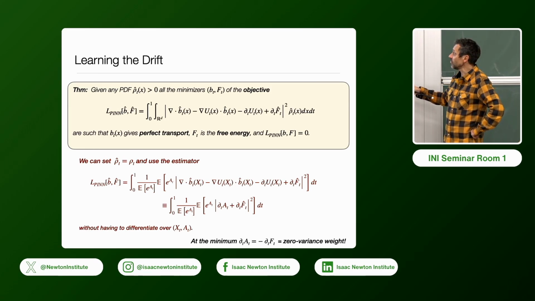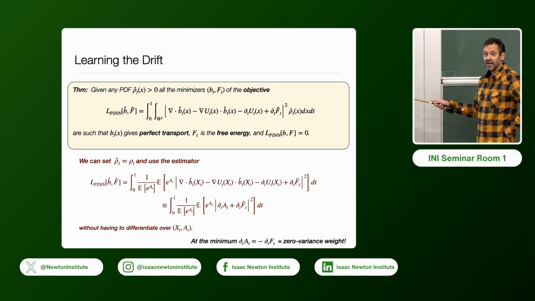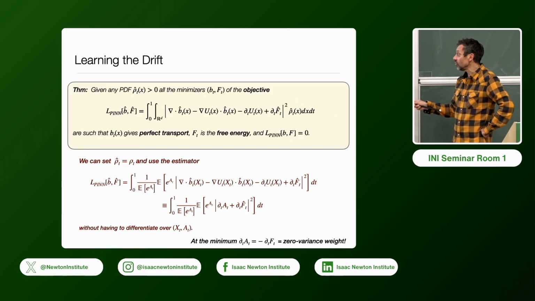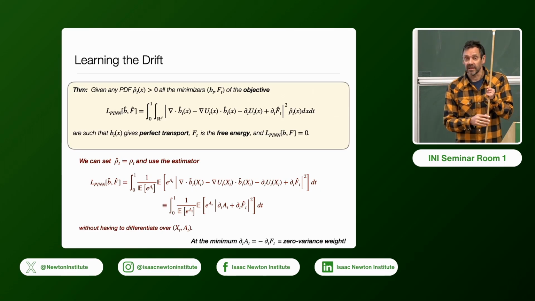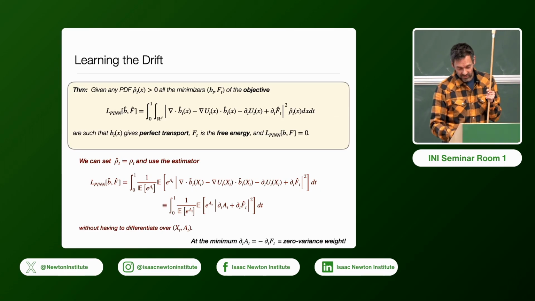And at the minimizer, what you have is that dTA equals dTF. And so that means that in that case, when you get this expression, you don't need the reweighting, it is deterministic, which is, again, what you needed to have.